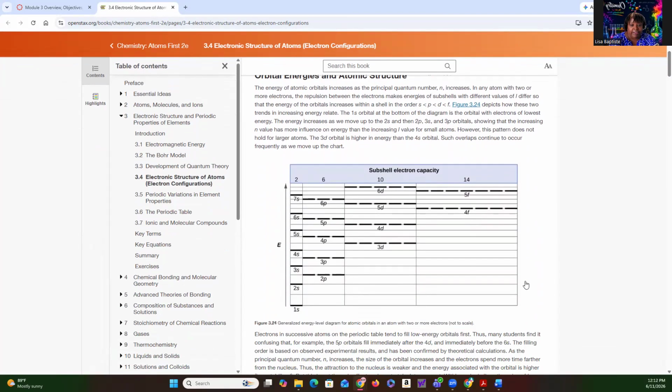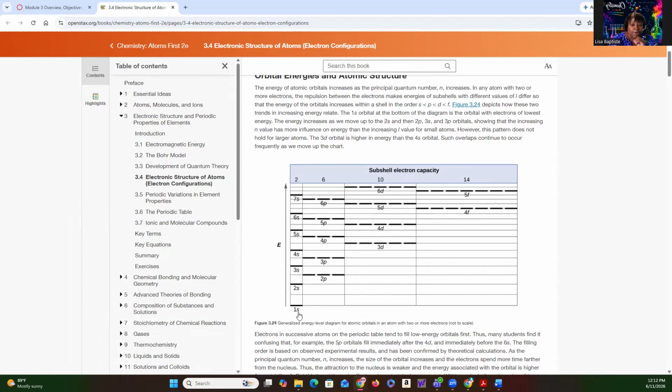So if you look through here, it shows you how the elements are built within the subshells of the electron configuration. So there's the s subshell, the p, the d, and the f. And this is shown in relation to the energies that are associated with them. All right. And so you see, we start off with the lowest energy, which is 1s, to the highest energy, which is 6d.